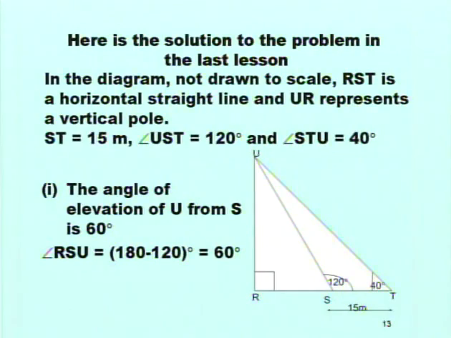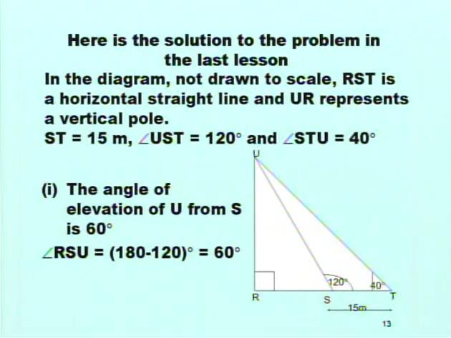Here is the solution to the problem just given. In the diagram not drawn to scale, RST is a horizontal straight line and UR represents a vertical pole. ST is 15 meters, angle UST is 120 degrees, and angle STU equals 40 degrees.